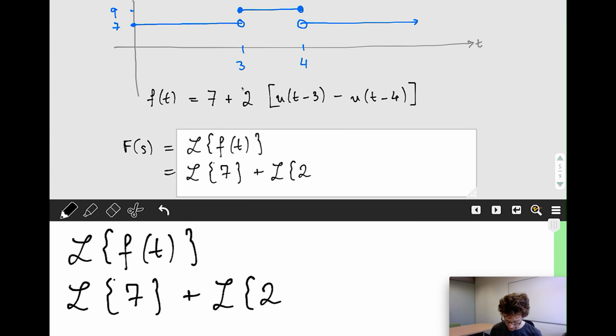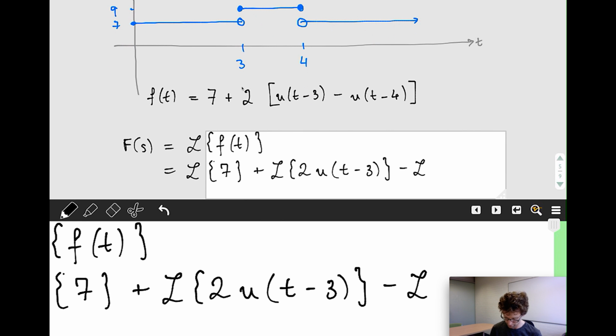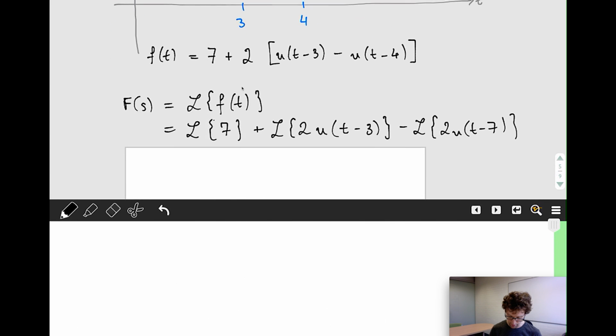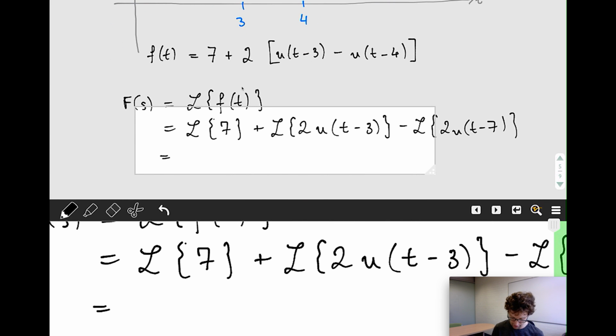So I have the Laplace transform of 7, plus the Laplace transform of 2 u of t minus 3, minus the Laplace transform of 2 u of t minus 4. And now we're going to make use of the Laplace transform of a constant, which is going to be 7 over s. The Laplace transform of 1 is just 1 over s.